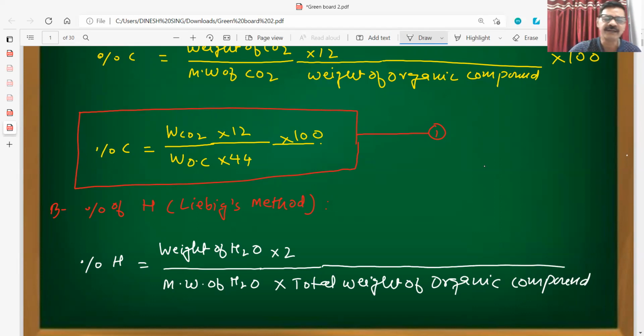So this whole quantity is given by the weight of hydrogen. When this weight of hydrogen is divided by the total weight of organic compound into 100, it will give the percentage of hydrogen.